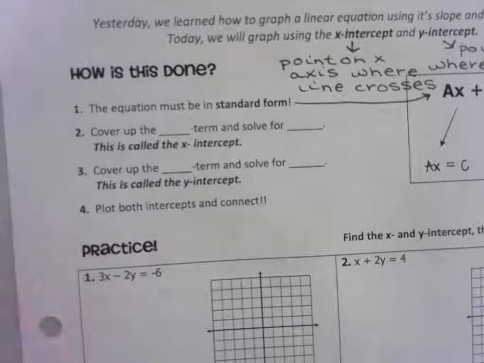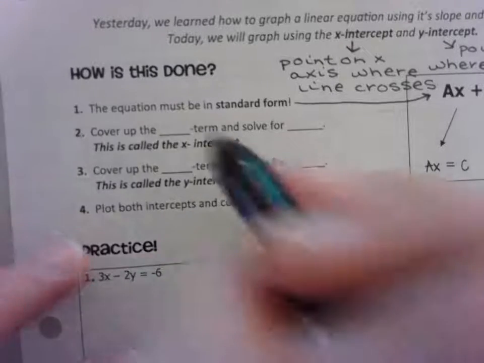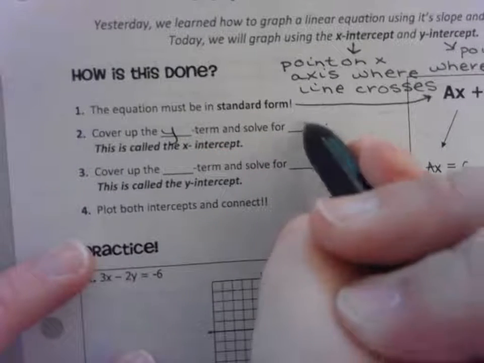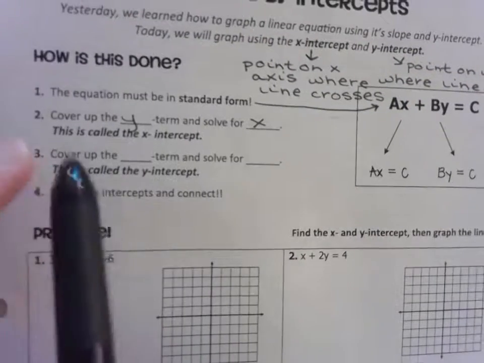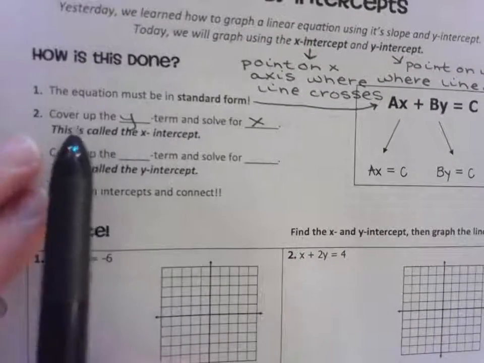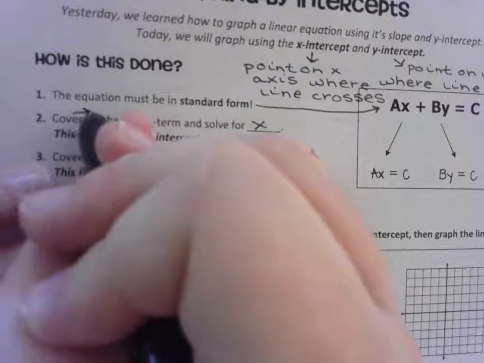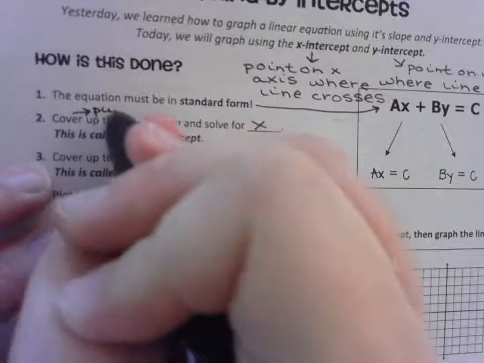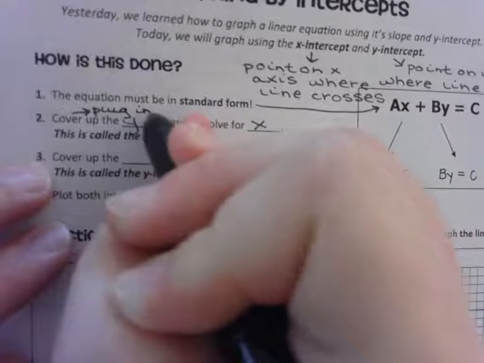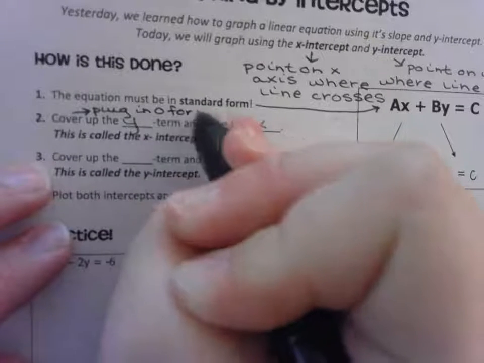The first thing you're going to do is cover up the y term and solve for x. There's a couple different ways you can think about this. One way is covering up the y term. Instead of covering up, you can also think about plugging in 0 for y.